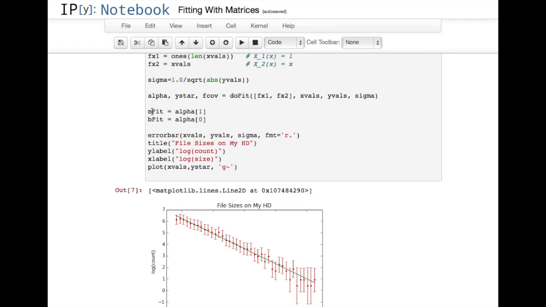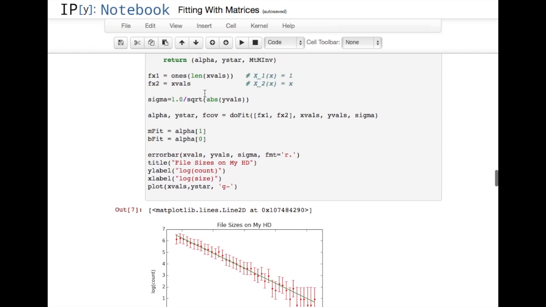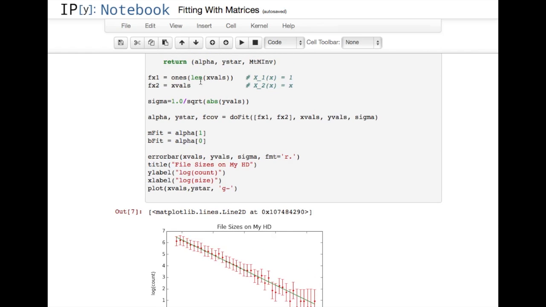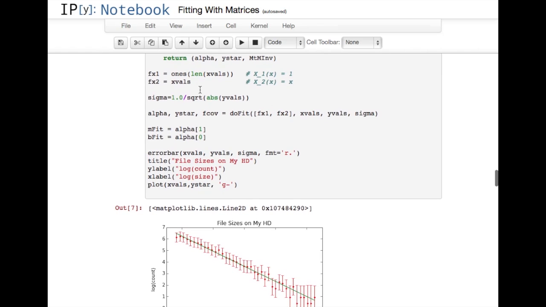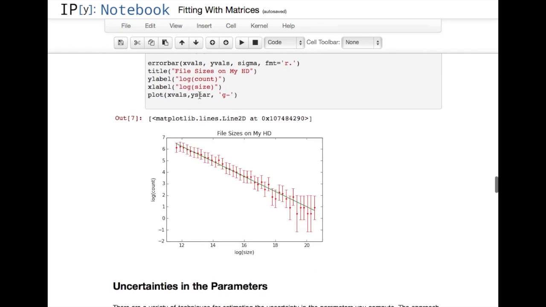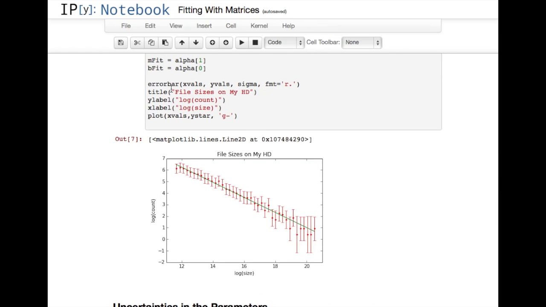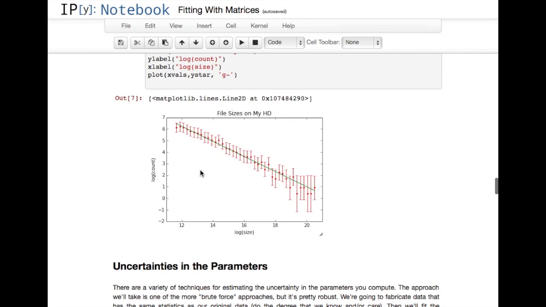We're going to pull out the slope and the intercept of this line as parameter sub 1, parameter sub 2. Those correspond to the coefficient of the first function and the coefficient of the second function in the superposition. And then we're going to plot the error bars associated with our data and the model. And you can see that we get a lovely straight line model right through our data.